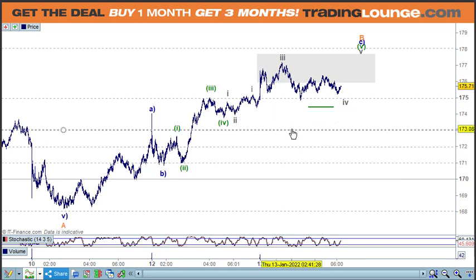So if I assume something here, I've got this little wave 1 here, and we put wave 2 here, and so we've got 1, 2, 3, a nice 3rd wave, isn't it, and 4th and 5th, so we can put this over here and this here and this here and call the high in here.